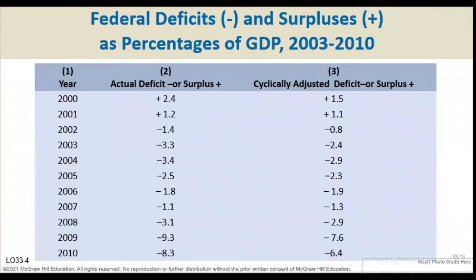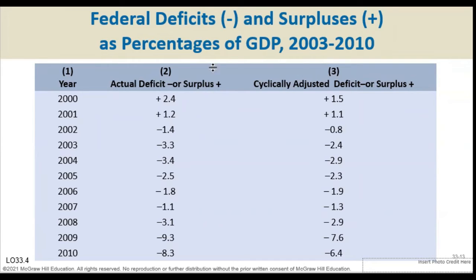This table provided by the Congressional Budget Office shows you the projection of the deficit and debt from 2018 all the way to 2028.